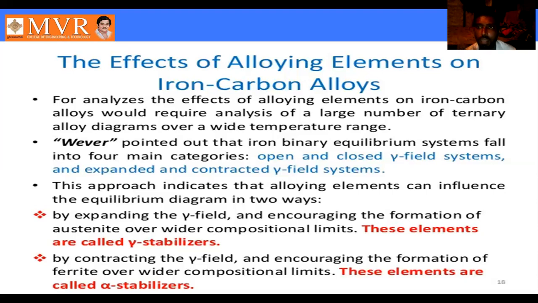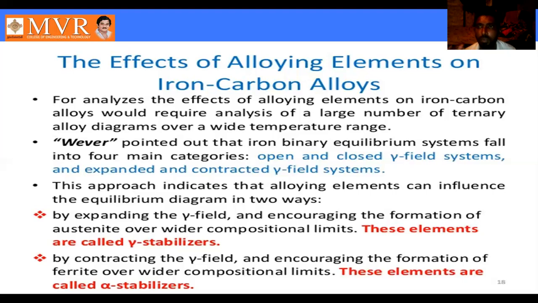The first one is composition and structure. Second one is properties. Properties are very important. Structure we are getting, composition we are getting, properties are very important. Next one is processing. In processing we are doing the heat treatment process.